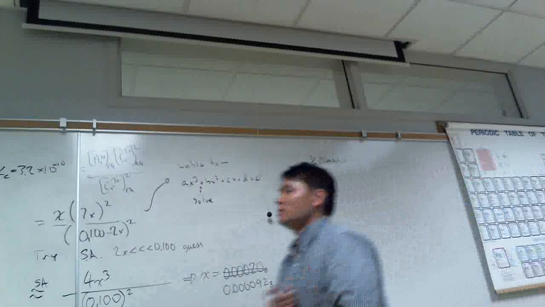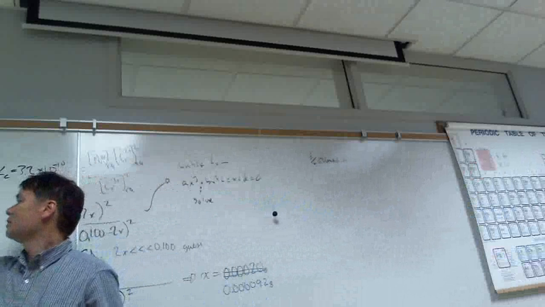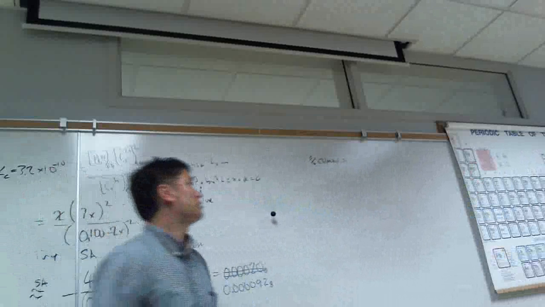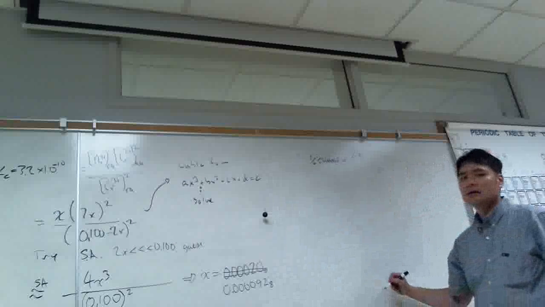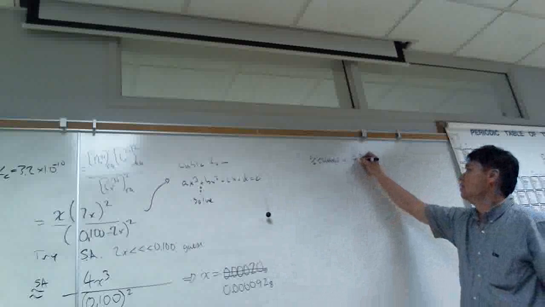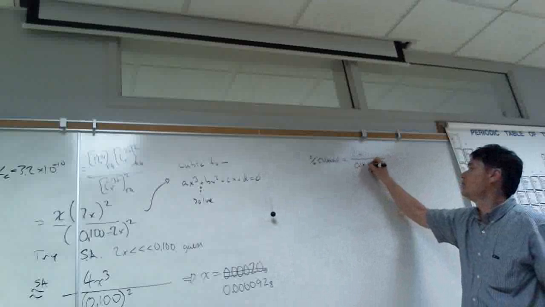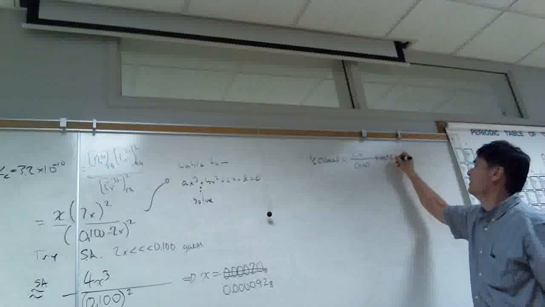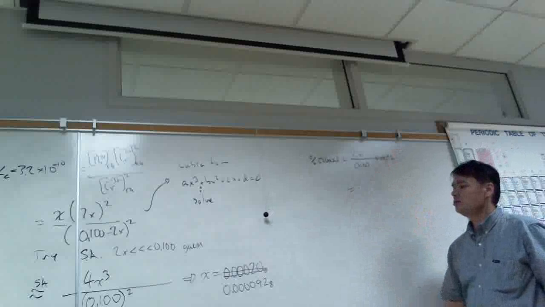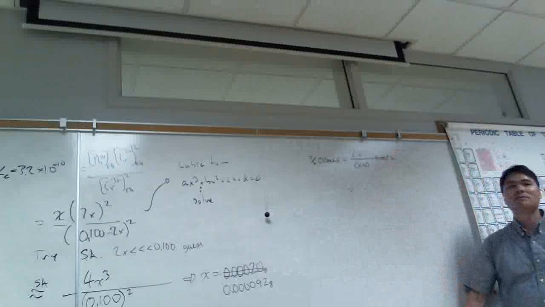The change, x or 2x? The change is actually 2x this time rather than x. Sometimes it's 3x. It depends on the equation. Over the original, which is 0.100 of initial, times 100%. And so what does that come out to? 2 times that divided by 0.1 times 100.